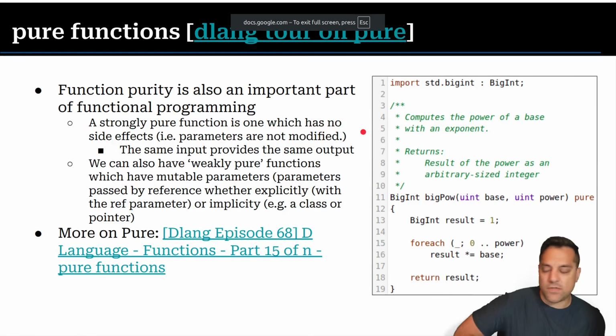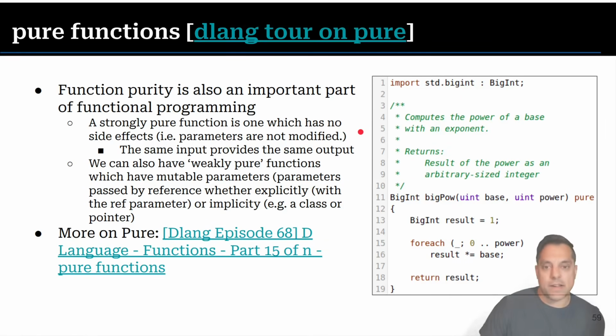So what's a pure function? Why is this important? Why do we care as a systems programmer? Well, function purity is an important part of functional programming. My Haskell programming folks understand that, but basically I can annotate a function as pure, as shown on this screen here.